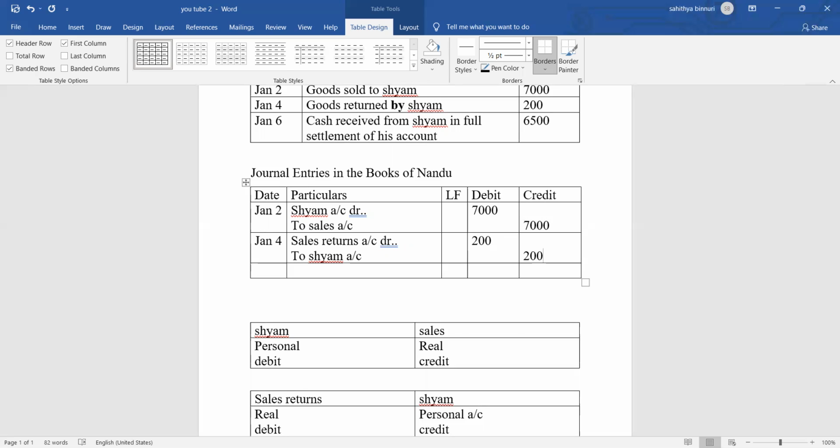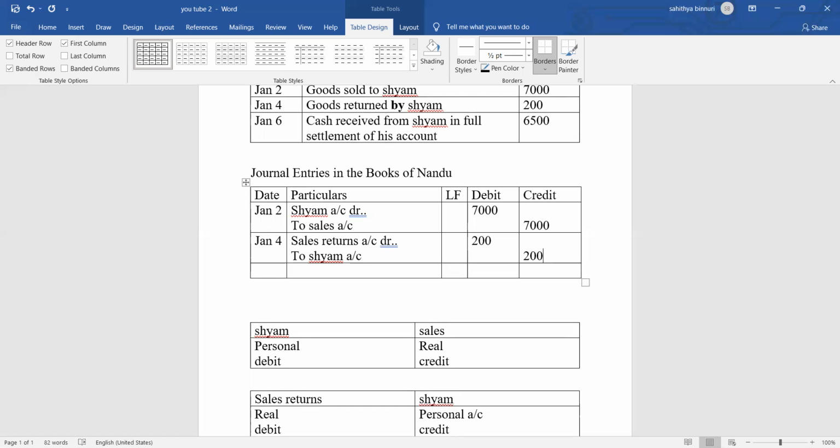Now the very important transaction is on January 6th, where you received cash from Sham in full settlement of his account. Always remember, when the words full settlement are mentioned in the transaction, it means the account is settled with Sham. So from Jan 6th, related to this credit sale, there is no other transaction you have to do.